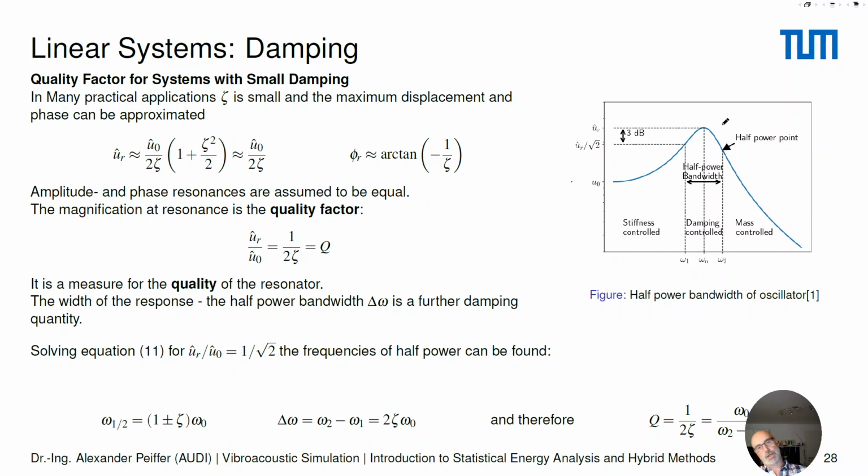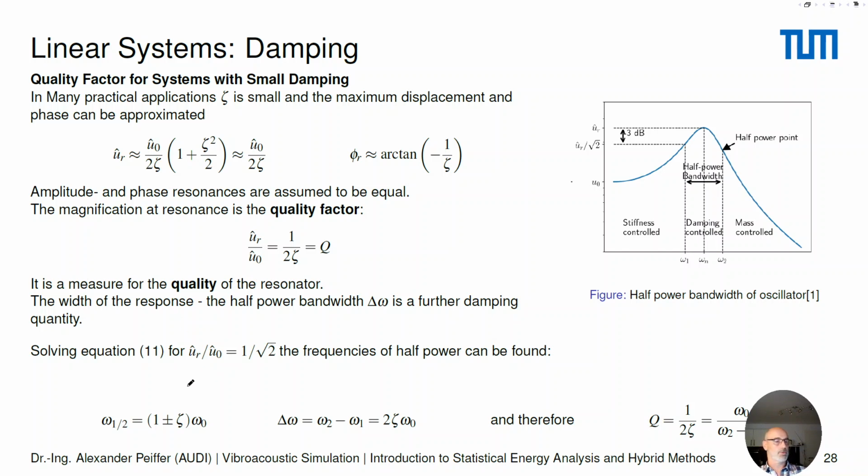Another option in such a diagram, and this is really used in tests, is to determine the bandwidth, the so-called half power bandwidth. That means we just take the displacement divided by a factor of square root of 2 and see what is the distance between this and this point. This is what we call delta omega, or omega 2 minus omega 1.